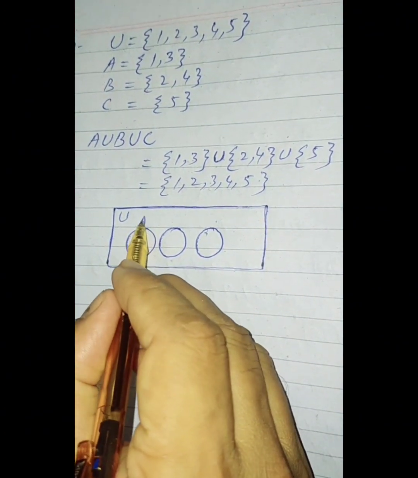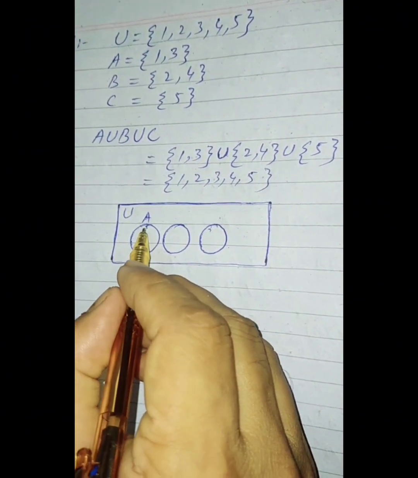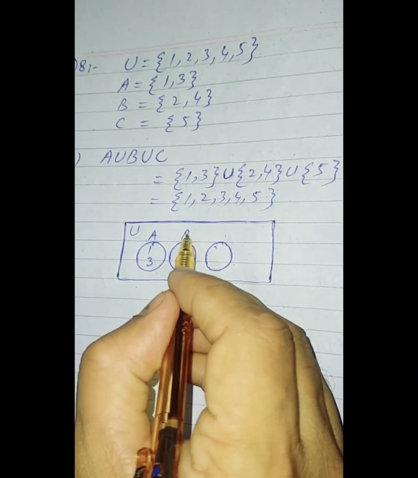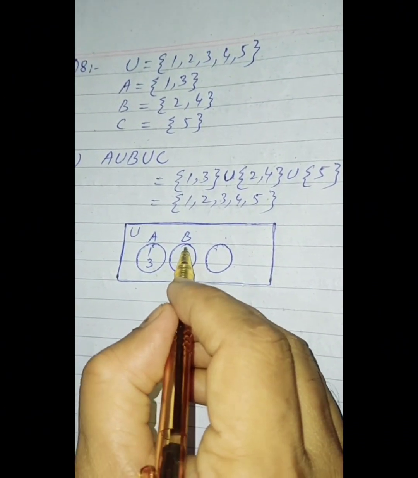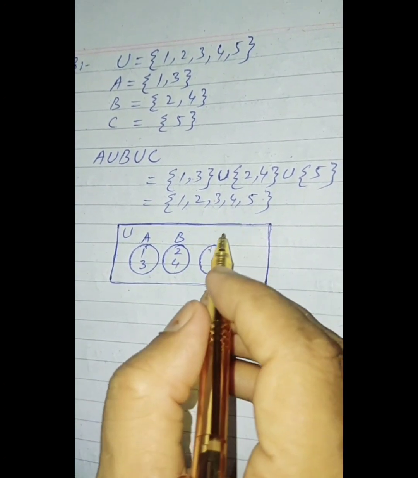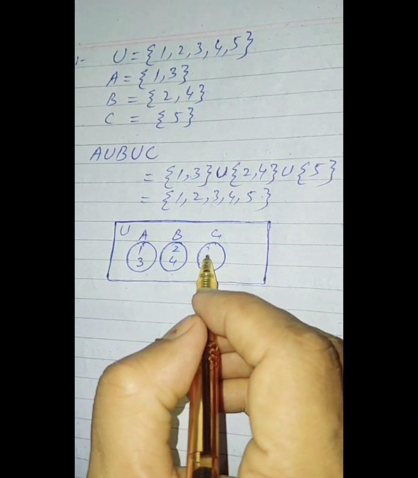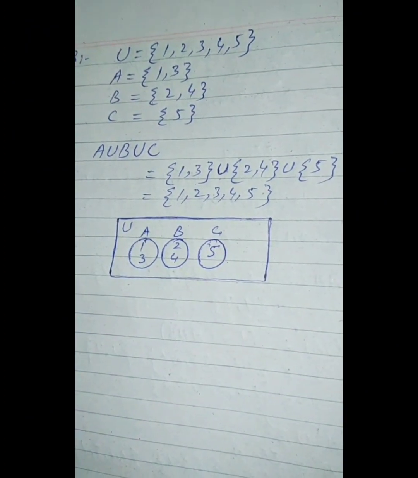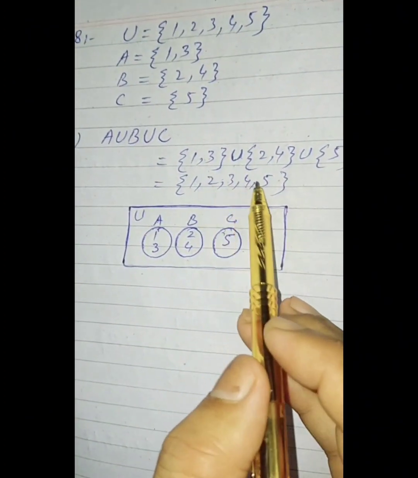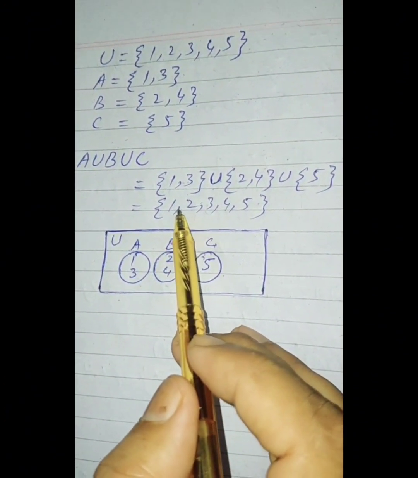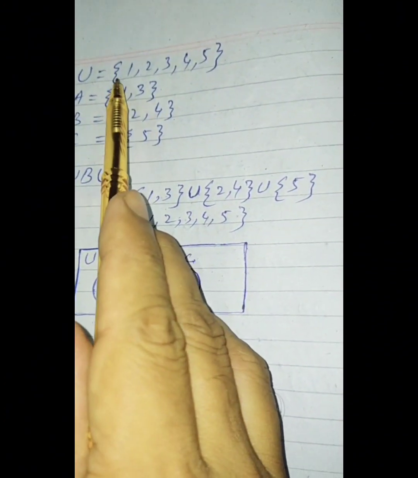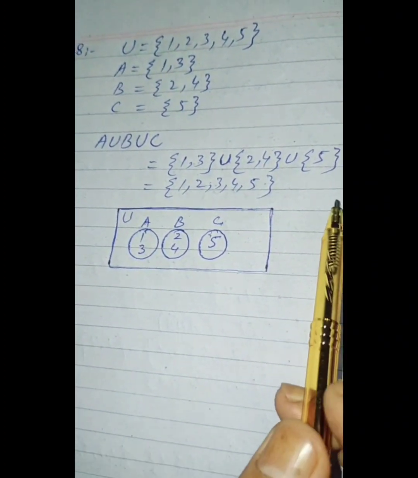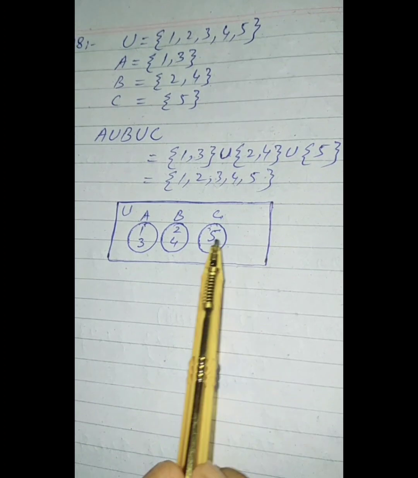The first one is A, whose members are 1, 3. The second one is set B, whose members are 2 and 4. And the third one is set C, whose member is 5. Clear? Now the union of these three sets equals the universal set. And we represent the union by a shaded portion.